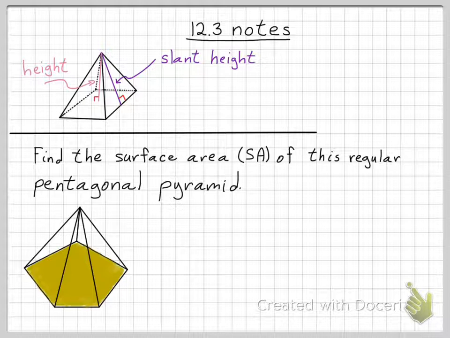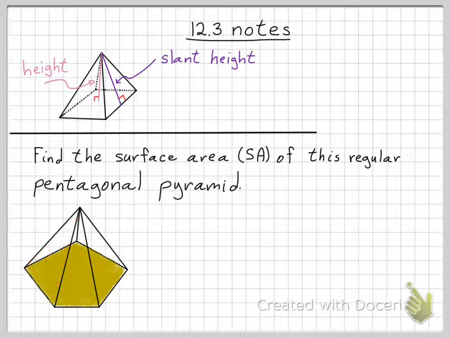Well, it would equal the surface area of this gold base plus this triangle here, the one closest to us, and then add it up with the surface area of that triangle and this triangle in the back, and this triangle that's also in the back, and then this triangle here.